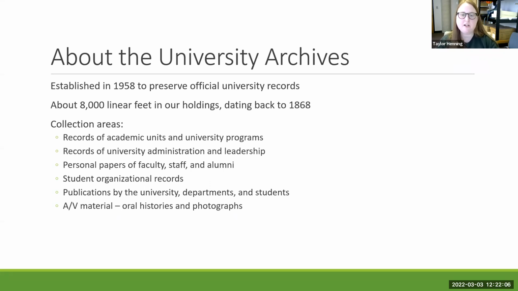So like Megan said, there's a lot of overlap between university archives and the labor and urban affairs records. And just because it doesn't have a Wayne State identifier doesn't mean that they're not records that are relevant to the university and other collecting areas as well.